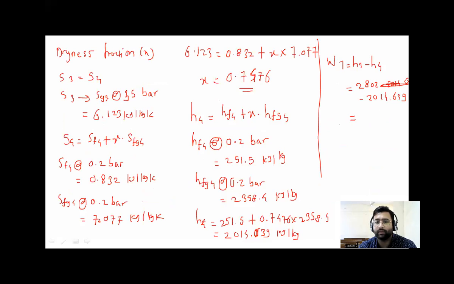Calculate how much? 787.35 kilojoule per kg.